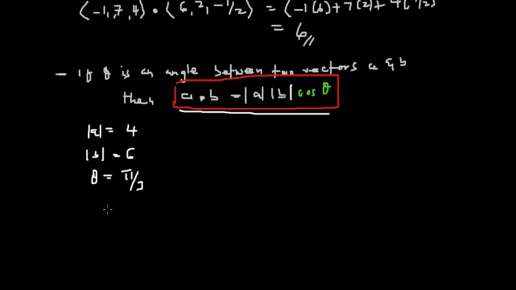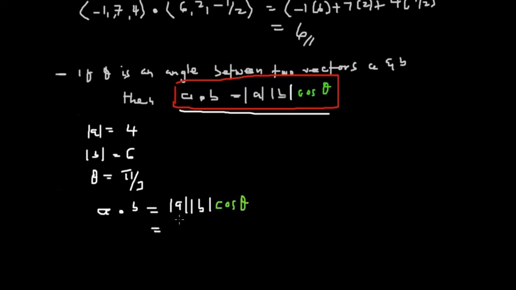So dot product A B will be equal to the length of A multiplied by the length of B, multiplied by cos theta.